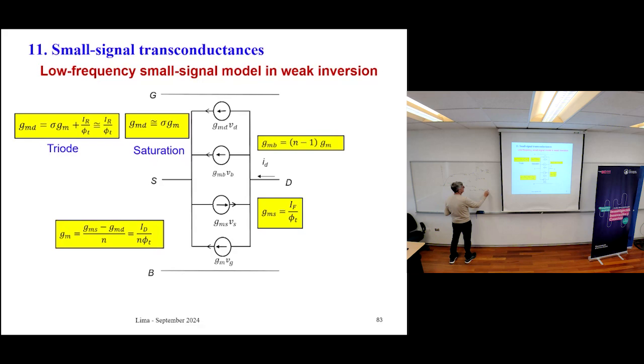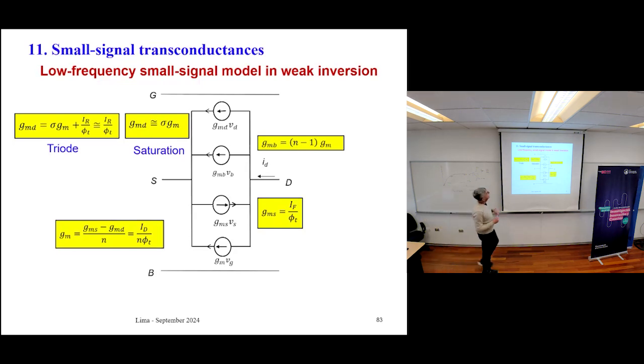We have another term here, but in this case, this is 0. The VSB equals 0. So this result is just a consequence of the dependence of the threshold voltage on the drain-to-bulk voltage.